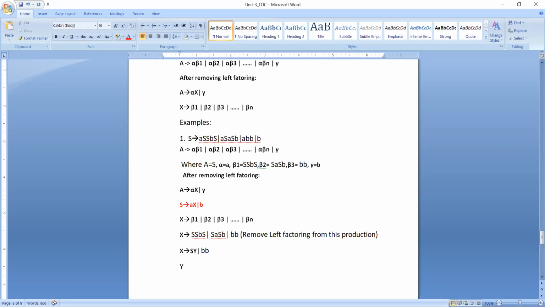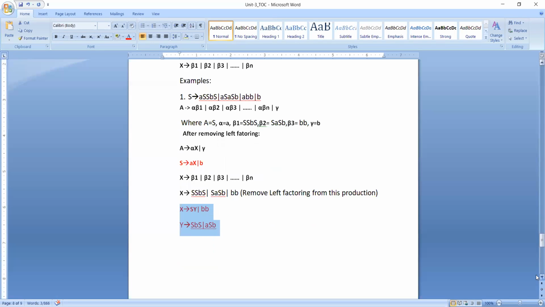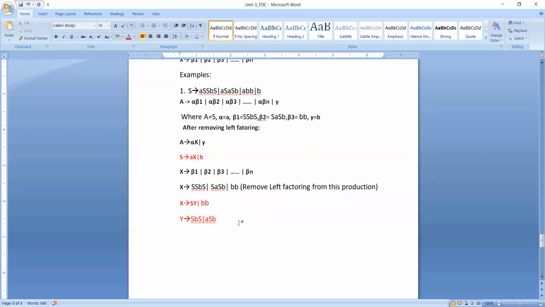Now we need to specify the Y productions. What are the Y productions here? Beta 1 is capital SBS, or beta 2 is ASB. Now these are the productions which result after removing the left factoring.